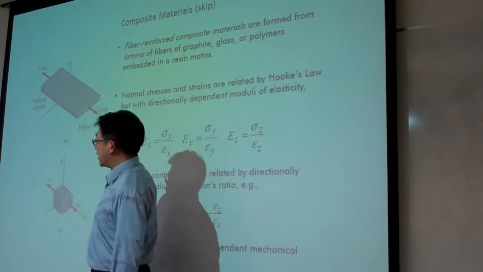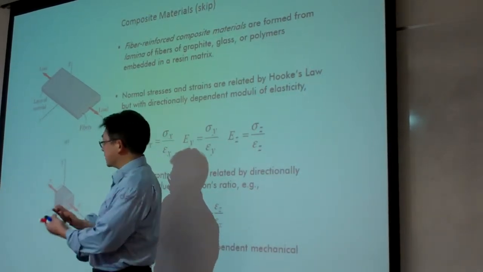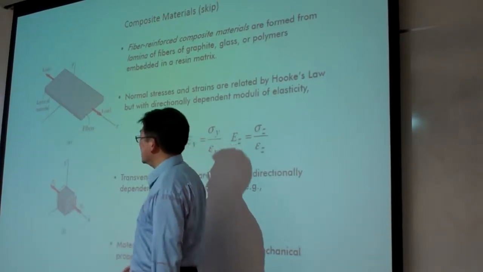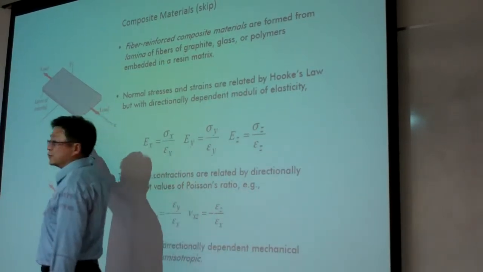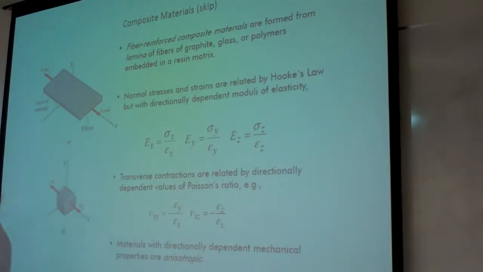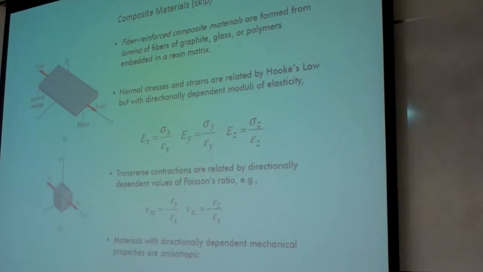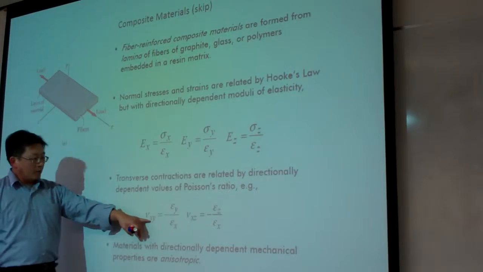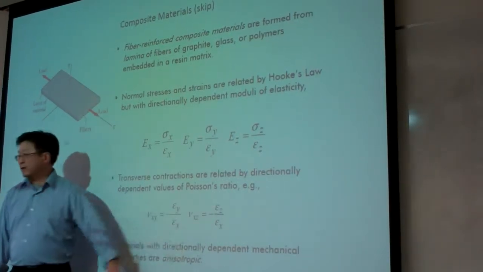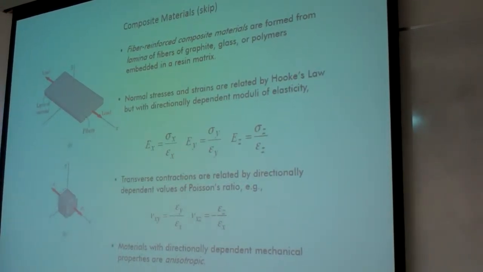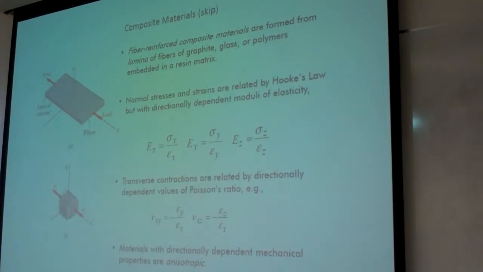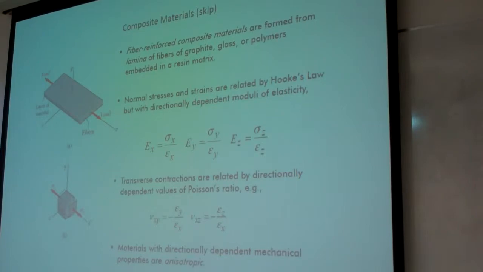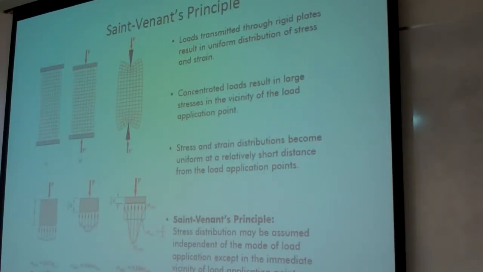Our clothes are composites, basically fibers put together in different ways, or composite woods or laminated woods. Those things involve direction-dependent properties, and that will make things a bit more complicated. So we skip all those things. On my slides, as long as I put a symbol skip, that is a topic I won't cover in this semester.